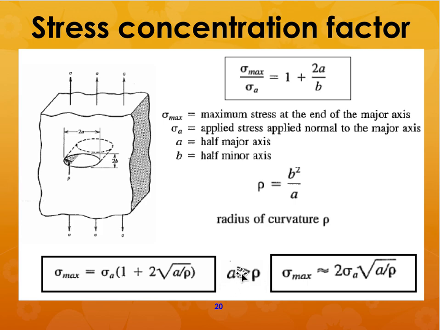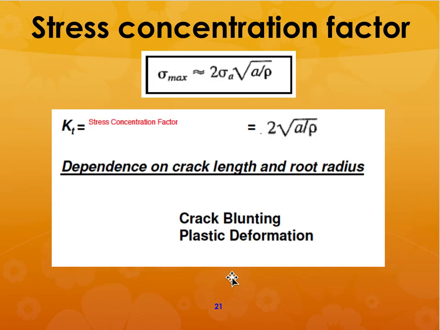On the narrow side, it is higher. So rho is much smaller than a. Based on this, you can also calculate the stress concentration factor. So the stress concentration factor is equal to 2 times under root a over rho. So it is dependent on the crack length and the root radius.